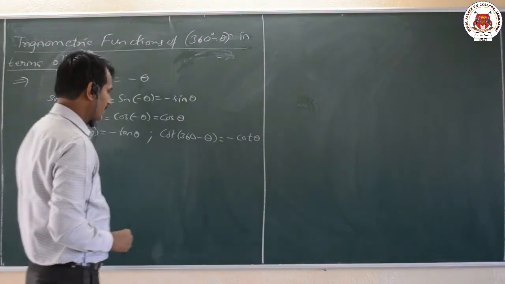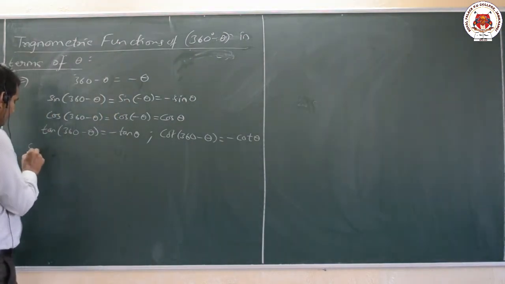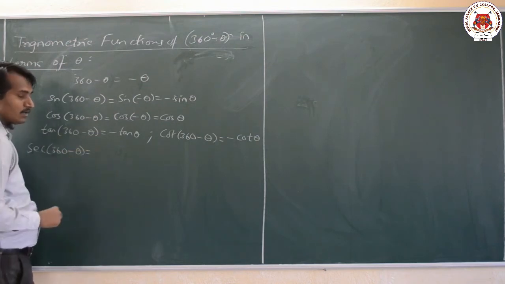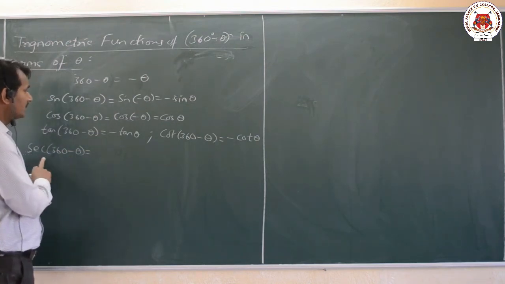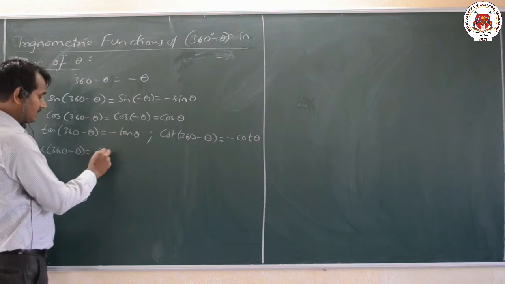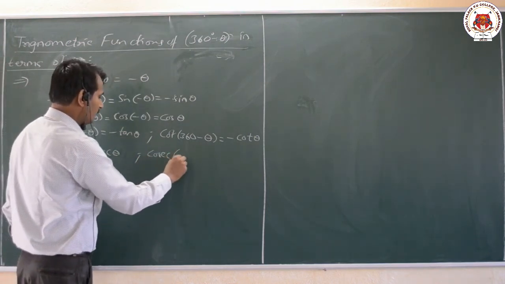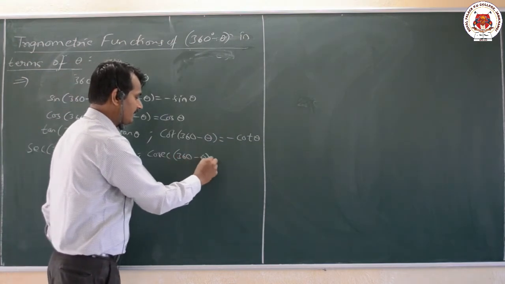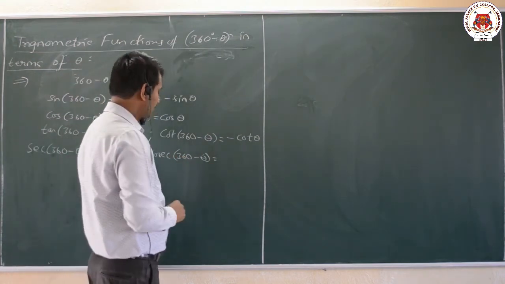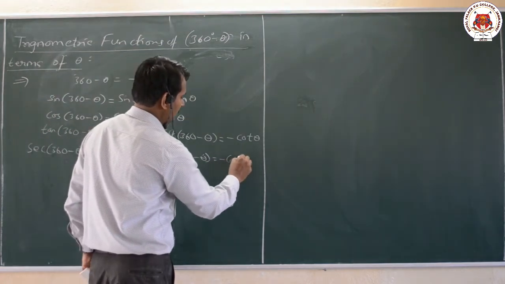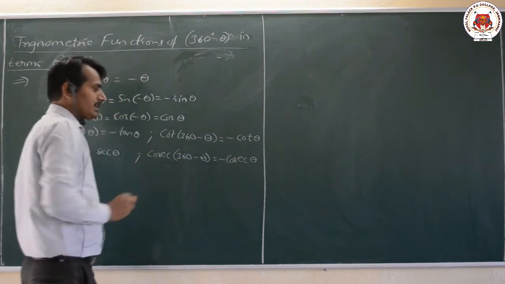Then comes our secant of 360 minus theta, which is 1 by cos, that means secant theta. And at last cosecant of 360 minus theta, the value will be 1 by sine, that is minus cosecant theta.